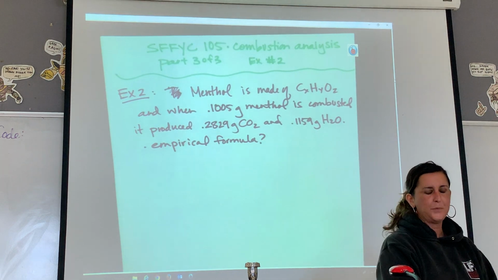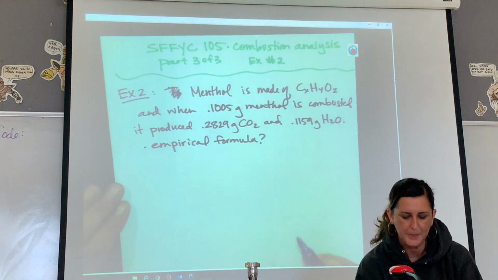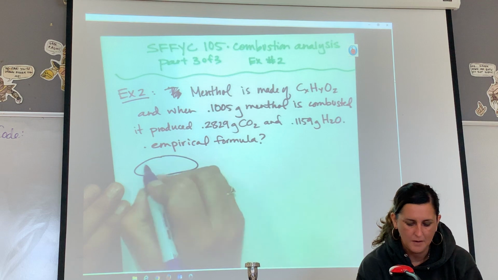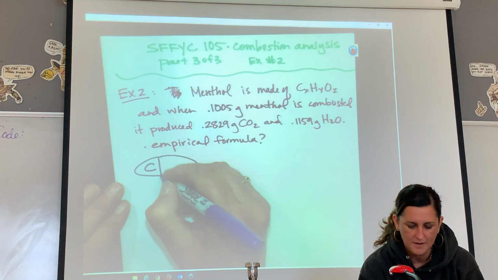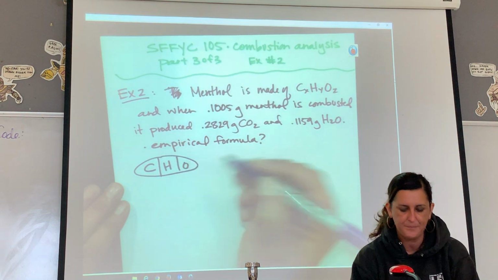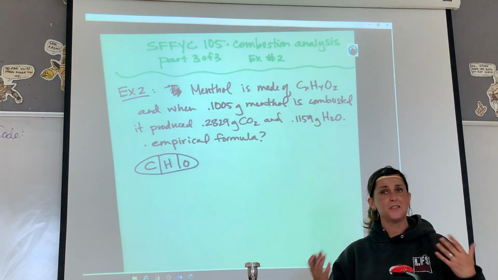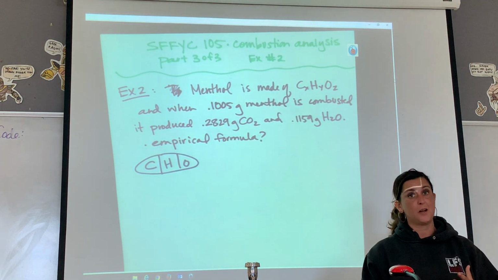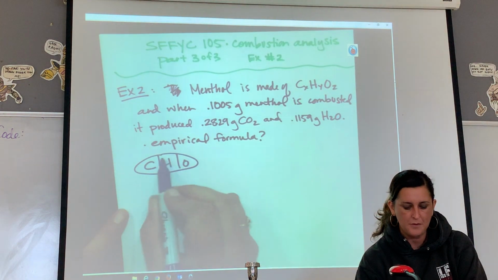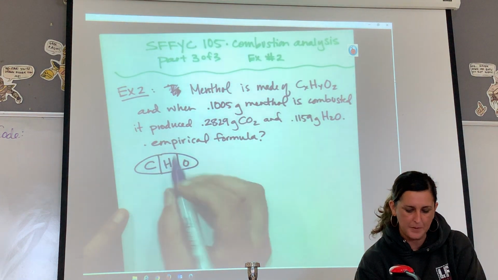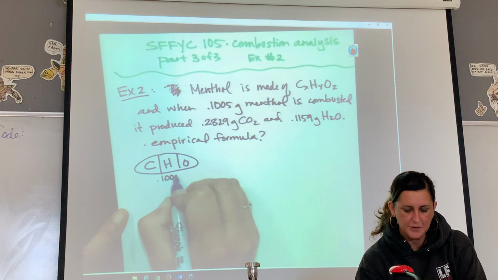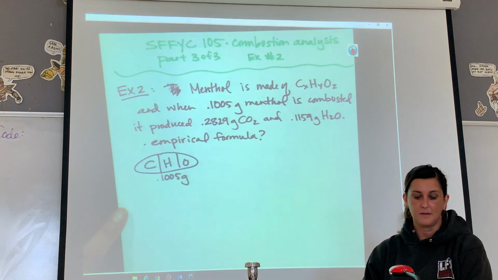So with this one, I'm going to start with a picture. We know that the menthol is made up of carbon, hydrogen, and oxygen, and it just helps me to envision everything if I draw a picture. We know that this original sample was 0.1005 grams of menthol.